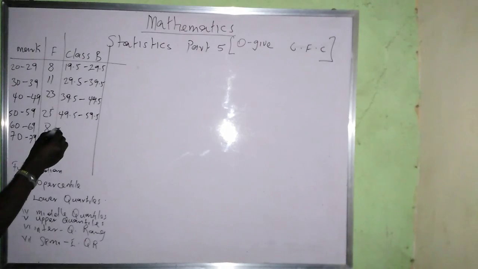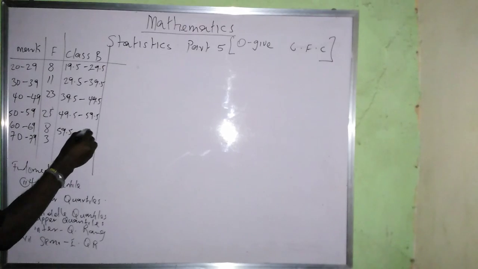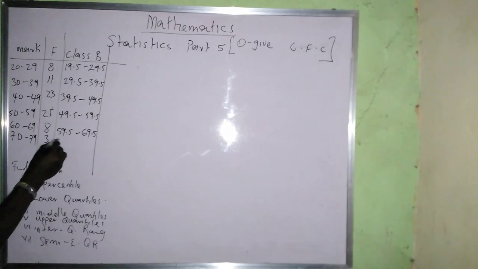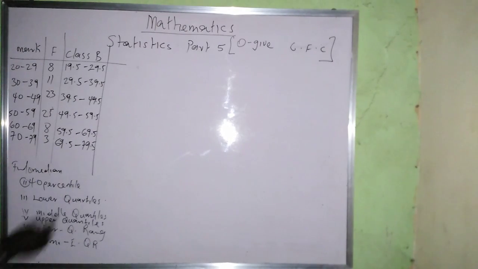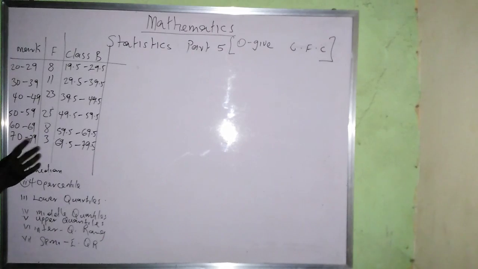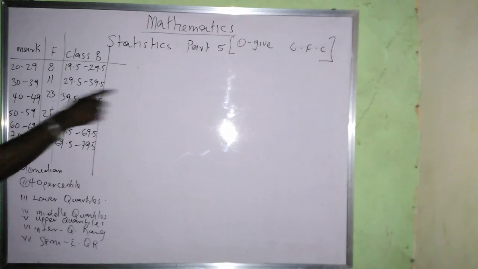And also 59.5 to 69.5. 69.5 to 79.5. Now, what did I do there? I minus half from the lower class limit and also add half to the upper class limit, so that there is continuity.